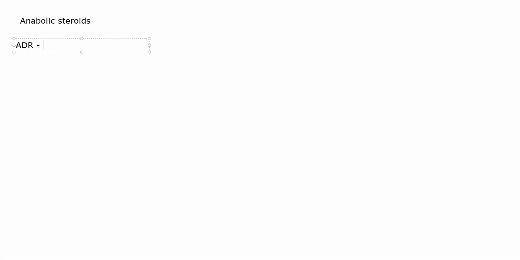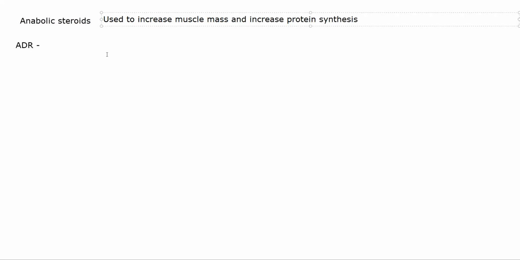Okay, mainly used for protein synthesis. Once again, used to increase muscle mass and increase protein synthesis. Okay, that is the use of anabolic steroids.